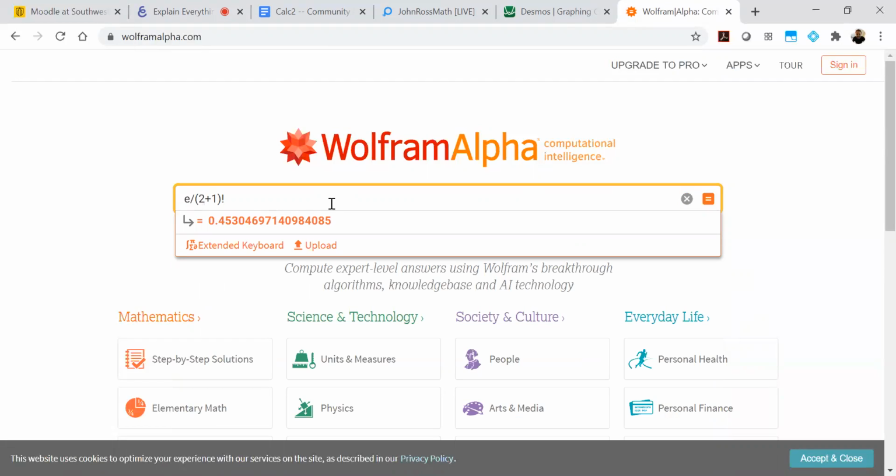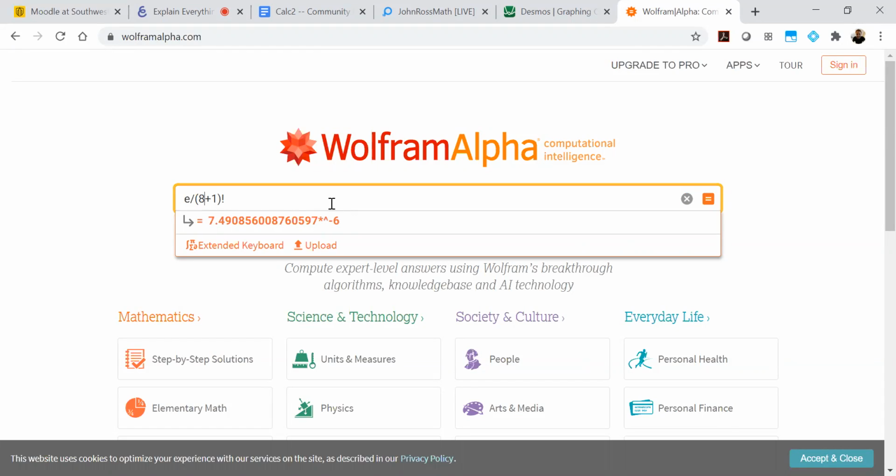That's definitely too big. 3 plus 1 factorial, 4 plus 1. Ooh, okay, we're starting to get a little closer. 6 plus 1 factorial is not quite big enough. 7 plus 1 factorial is not quite big enough. 8 plus 1 factorial is almost there.